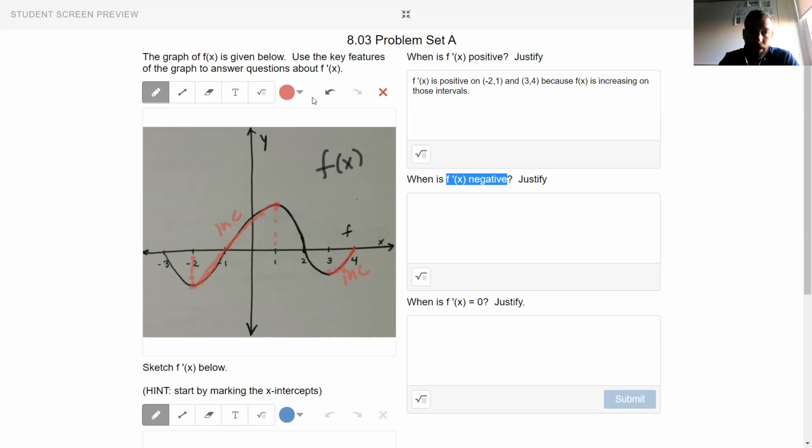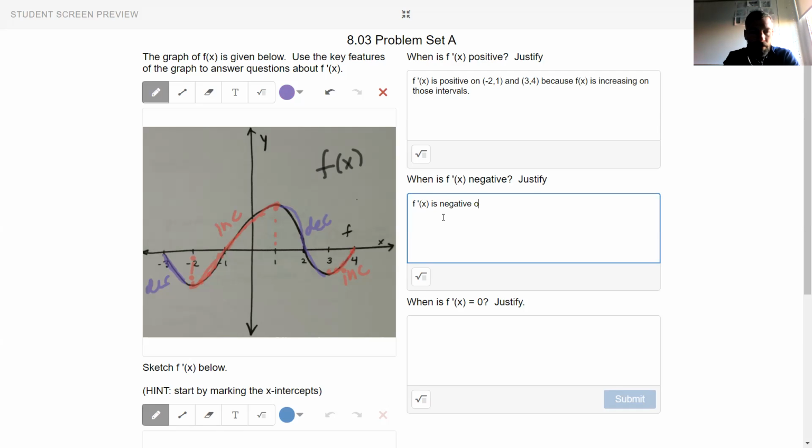What about negative? Is it possible for f prime to be negative? Well, sure. And we look at our notes and we see f prime, the derivative graph, is negative, work backwards, if f is decreasing. So when it's going down, we got one section going down there, and we got one section going down there. Each one of these is decreasing. So let's put this on f prime of x is, what are we talking about?